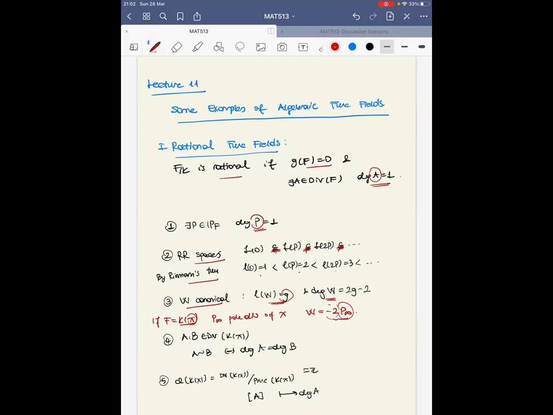Moreover, in general we know that if we have two equivalent divisors, they have the same degree. In the rational function field, we also observe that the other way around also holds. Finally, we consider the class group, and we conclude that there is a group isomorphism between the integers and the class group of the rational function field.